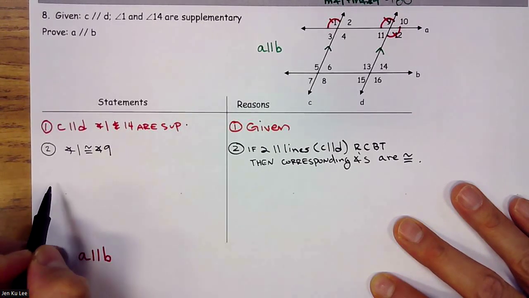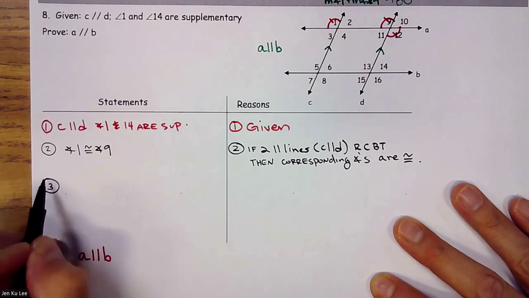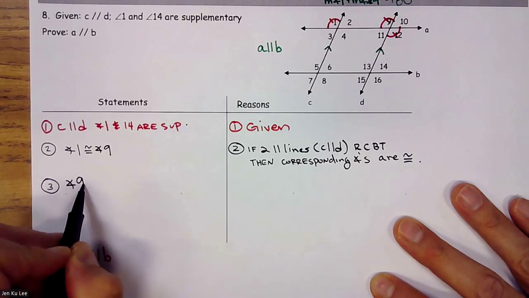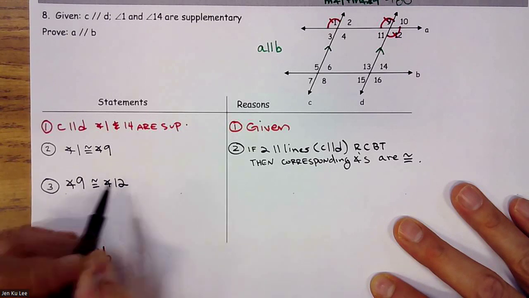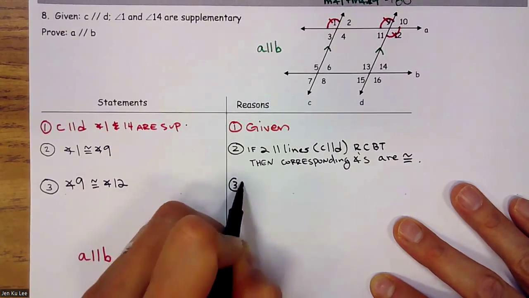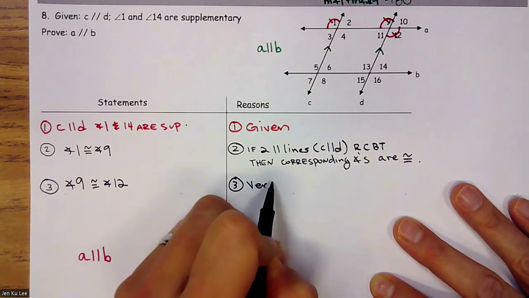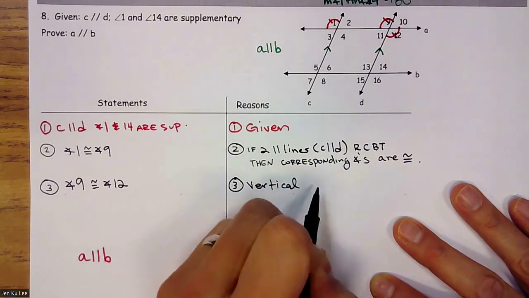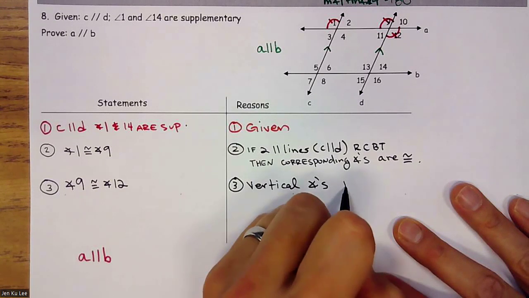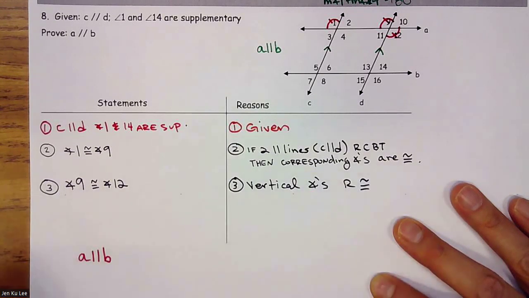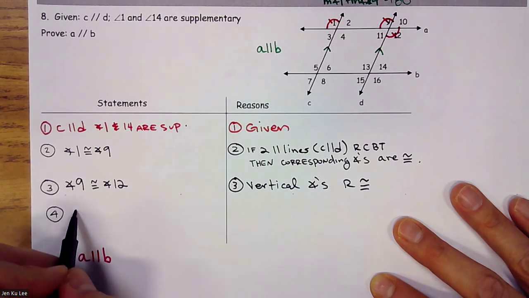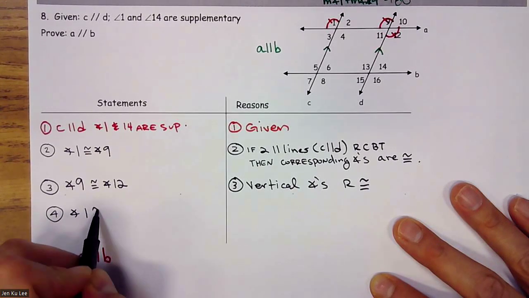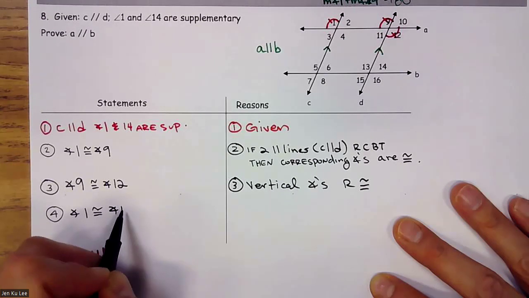So since I got that, I can say that angle 9 is congruent to angle 12 because vertical angles are congruent. Step 4, I can say that angle 1 is congruent to angle 12.